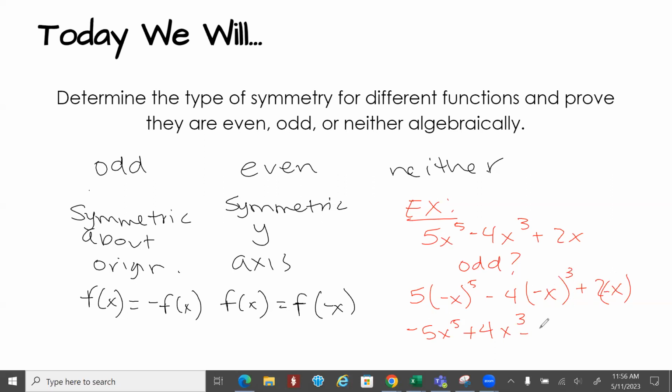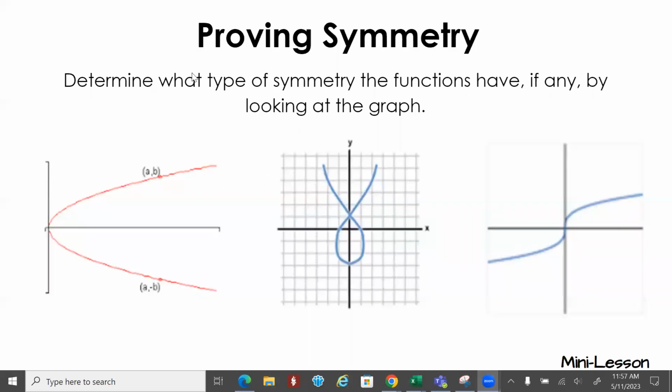And the last one will give me -2x. My question to you, is this the same thing as what we started with? No, but what I can do is I can factor out a negative from the entire equation. And it looks like this guy.